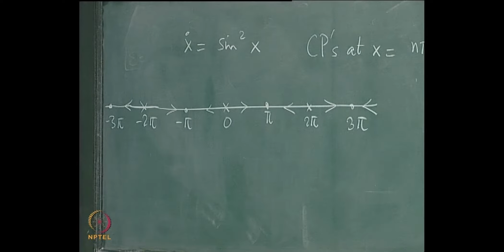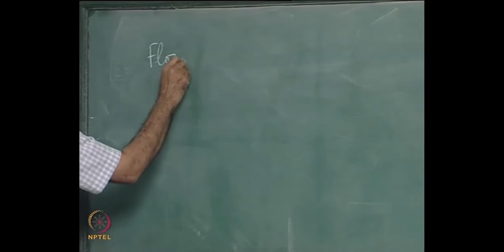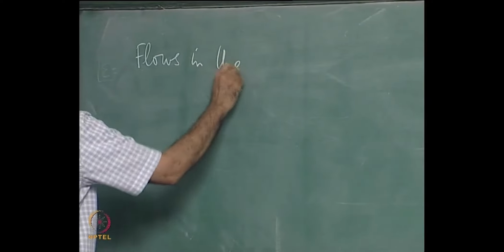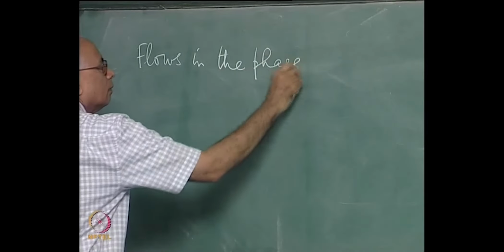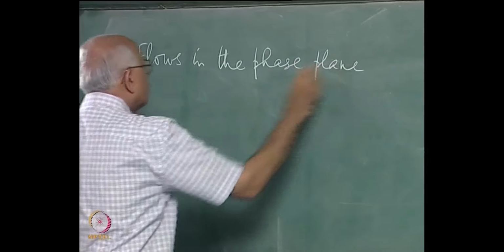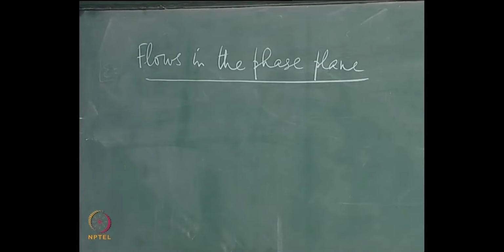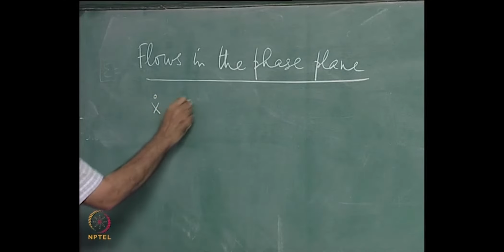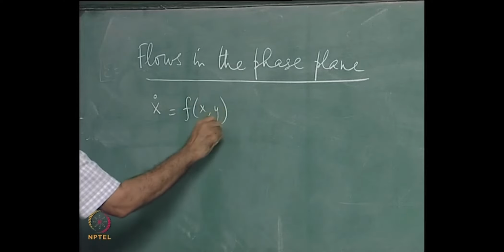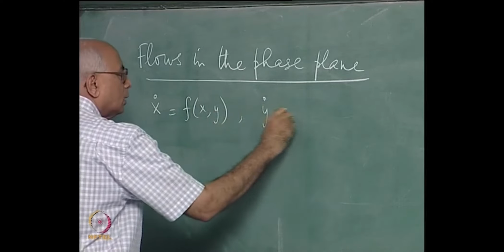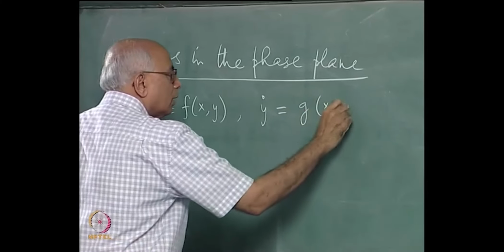So let us now talk about flows in the phase plane. 2-dimensional dynamical systems, and this would be a special case of the n-dimensional system I talked about earlier. They are specified by equations of the form x dot is some function of x and y dot is some other function of x and y.